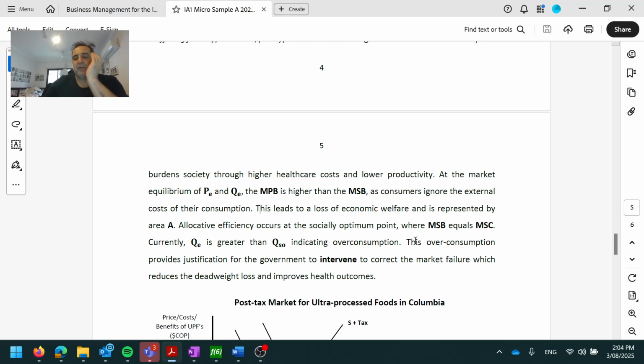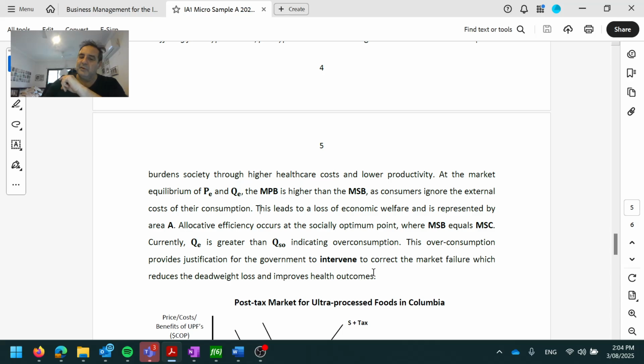And then again, what I like about it, at the end of that first paragraph, this is the first meaningful paragraph, there is that link established between the key concept and the article. This overconsumption provides justification for the government to intervene to correct a market failure which reduces the dead weight loss and improves health outcomes.